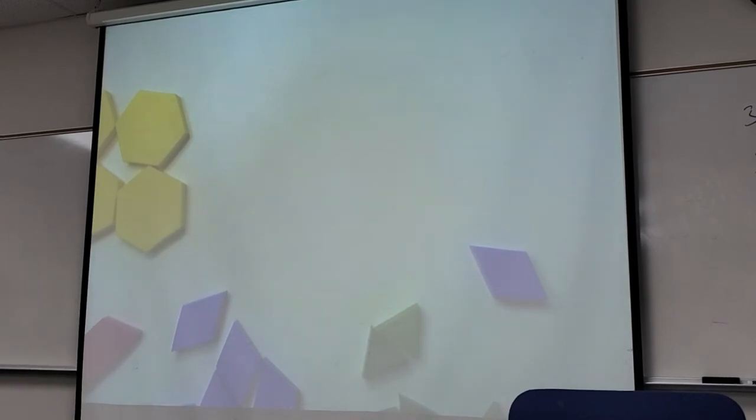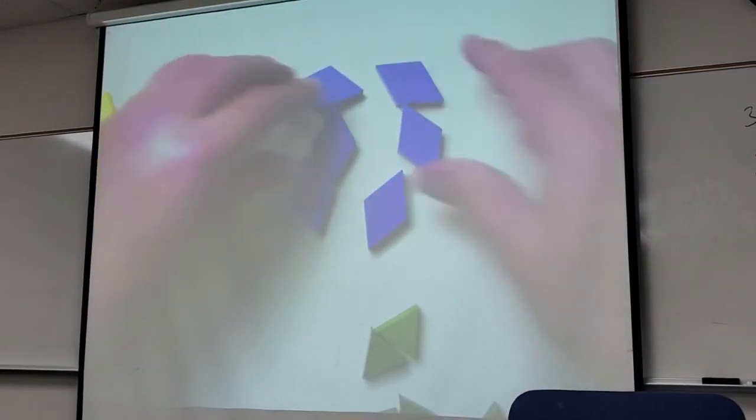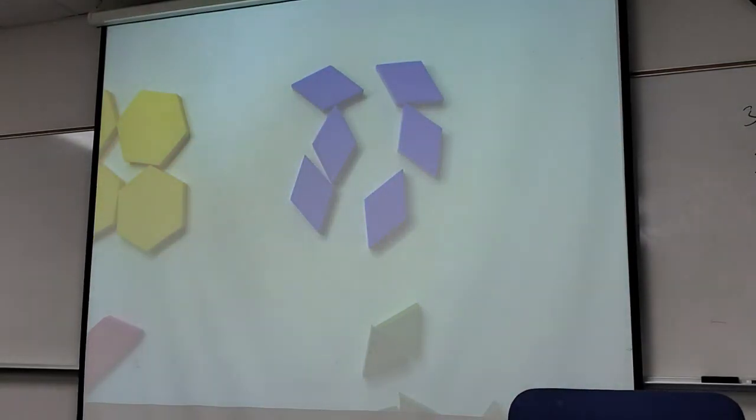6 times 1/3. Wouldn't that be 6 of these? That would lead you into creating 2 total shapes. So that's 2. That's 6 times 1/3, because 6 times 1/3 means 6 one-thirds.